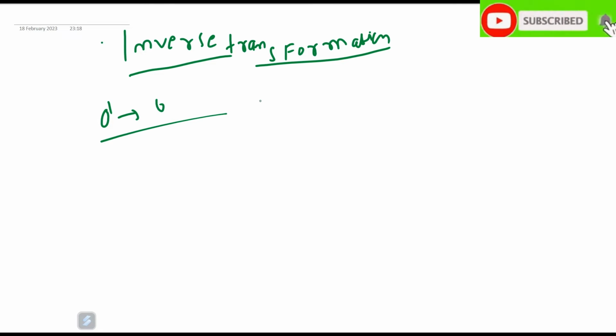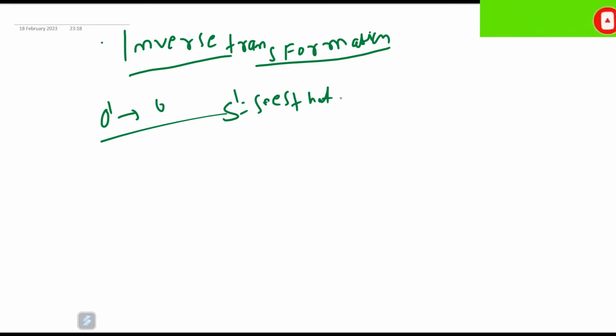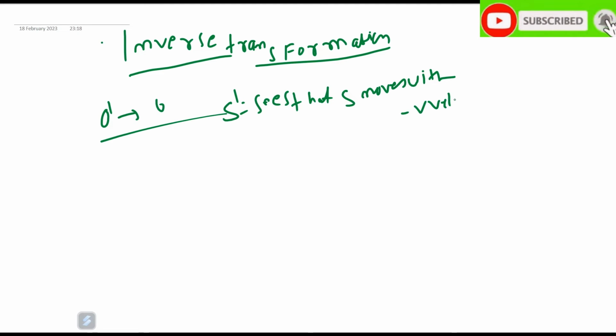For that, S prime observes that S moves with minus v velocity in the minus x direction.